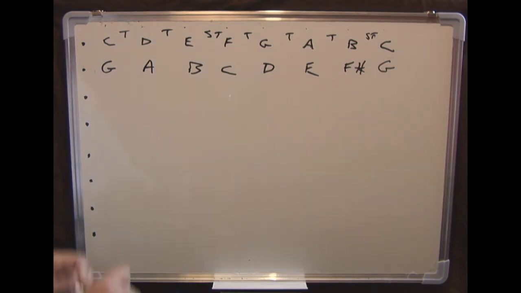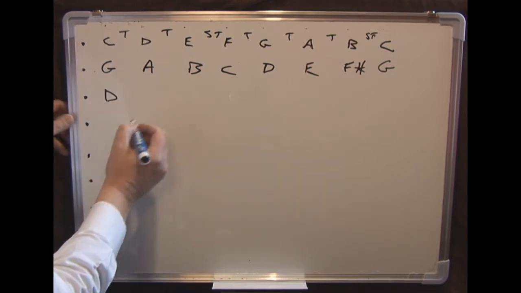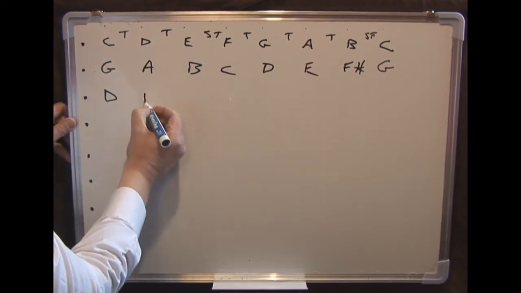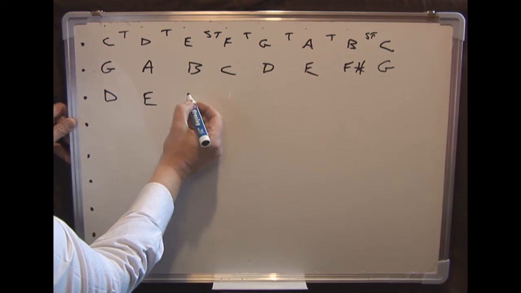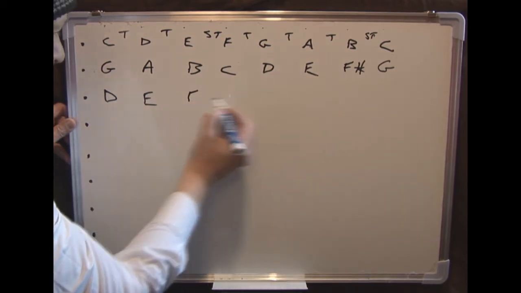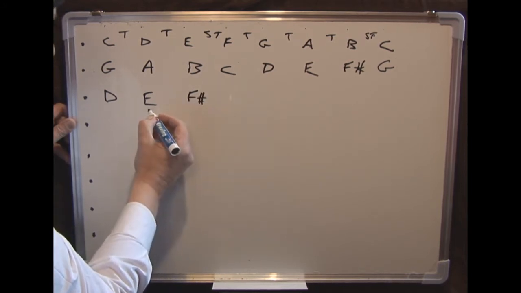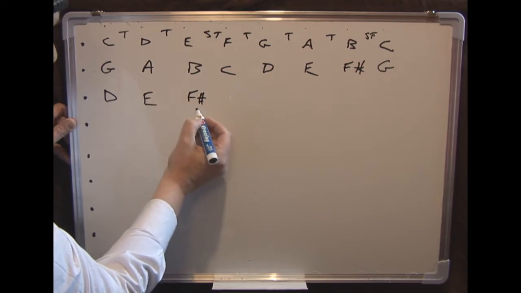Right, let's start on a scale of D and see what happens. On the note D, I should say. So a tone above D, E, tone above E is, well, we know that from here, it's F sharp.